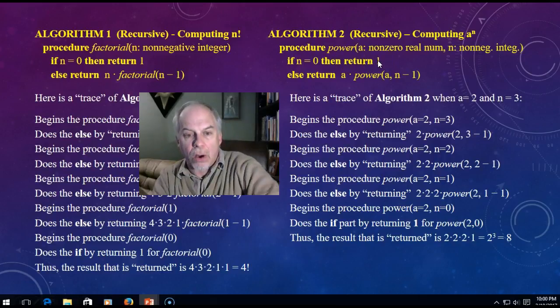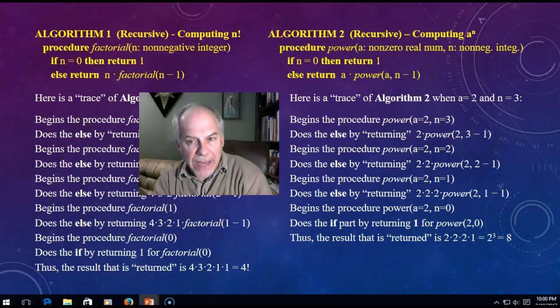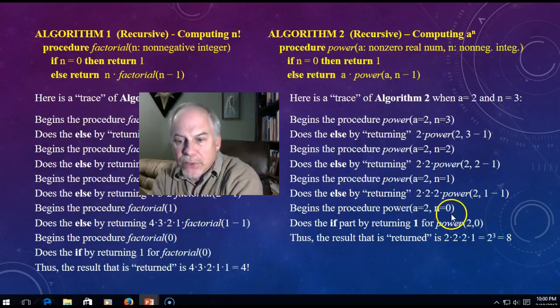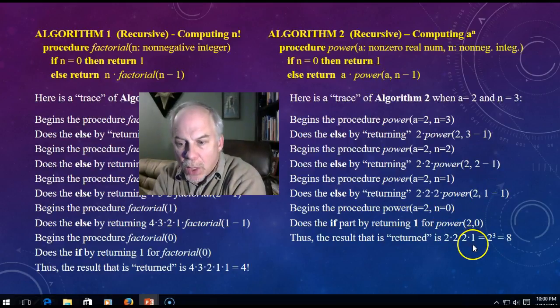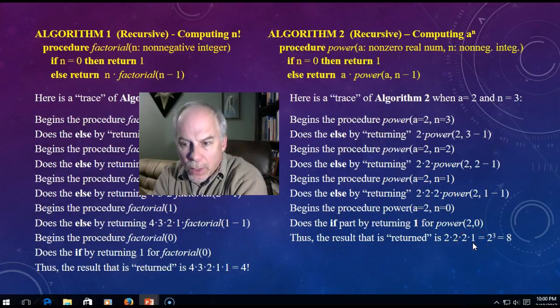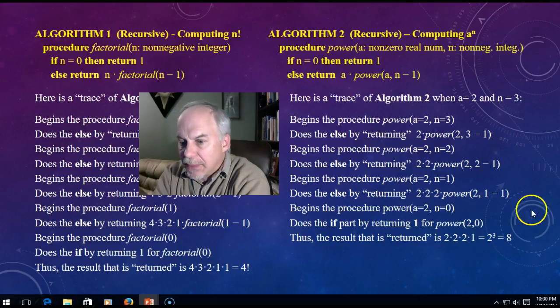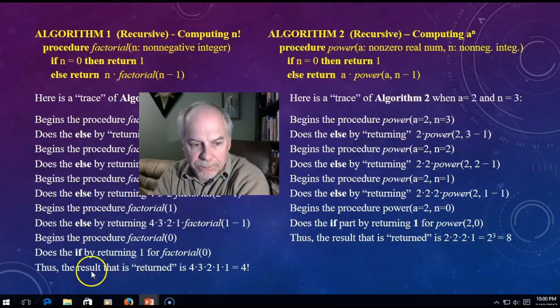It's not going to call the procedure into action again because it just has the number 1 there, not a new call to the procedure. So then it will produce a 1 on the end. So it will go 2 times 2 times 2 and then times 1. Okay. And that would, of course, result in 2 to the third power, or 8.